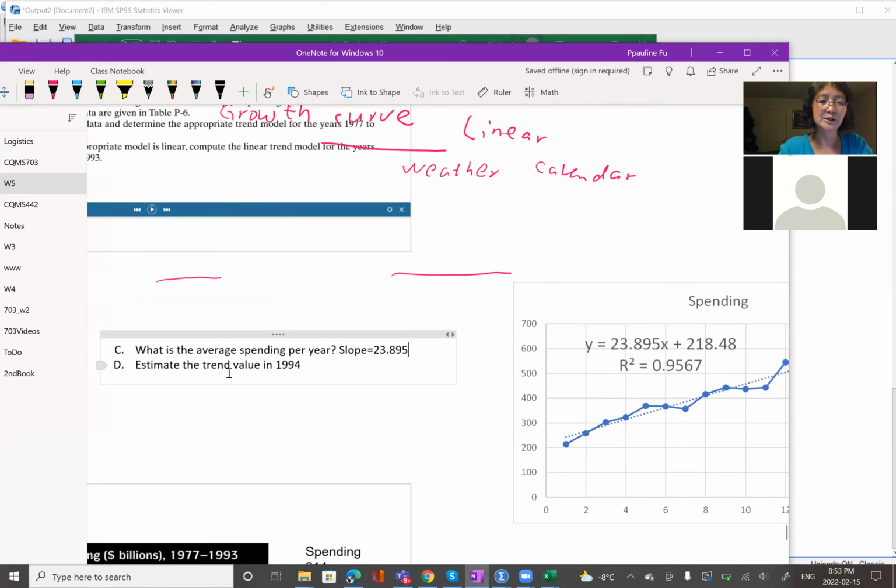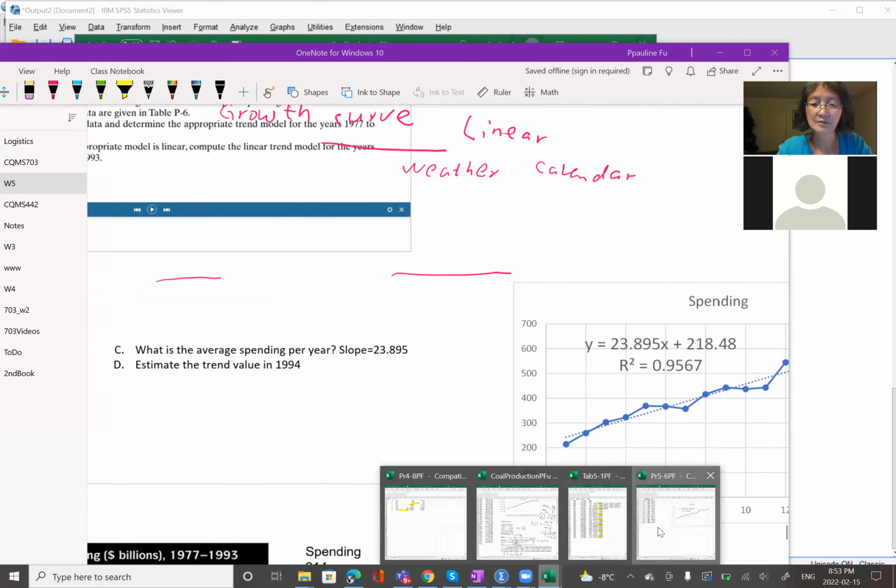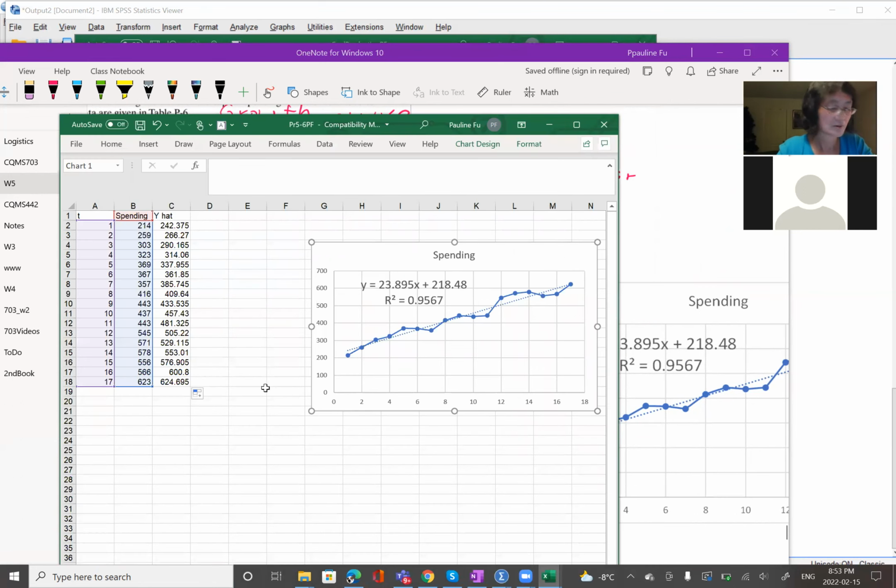And then estimate the trend value for 1994. Okay, 1994. So for period 18, you just drag it down.